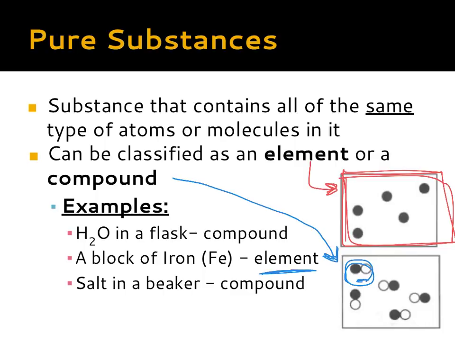Remember, when I'm thinking of elements, I'm thinking of really anything on that periodic table. It has to be on that periodic table. Hydrogen, oxygen, carbon, nitrogen, iron, aluminum, any of those kind of things. And the last example I have is salt, which, if you remember back to whatever background knowledge you have, is NaCl. And that would be a compound.